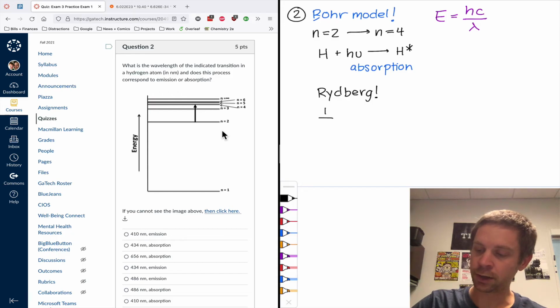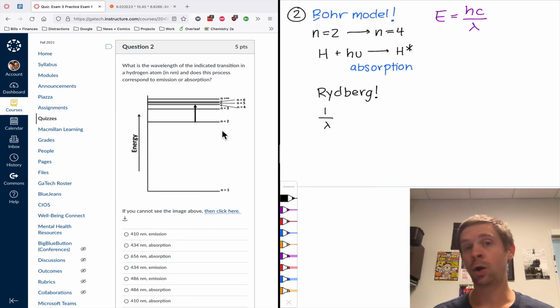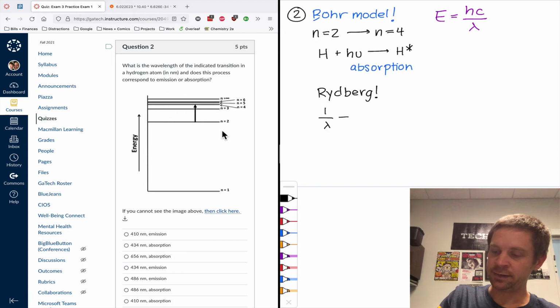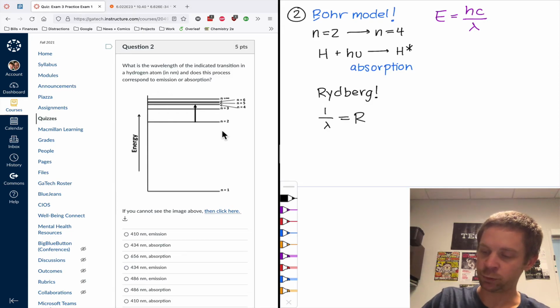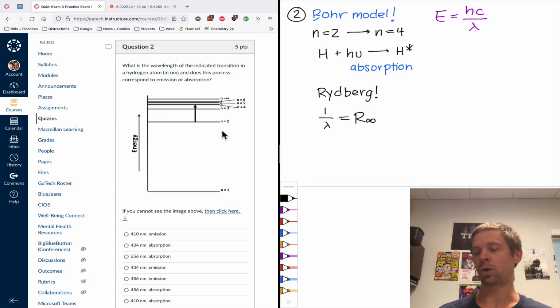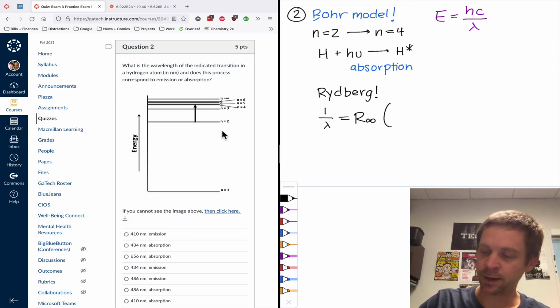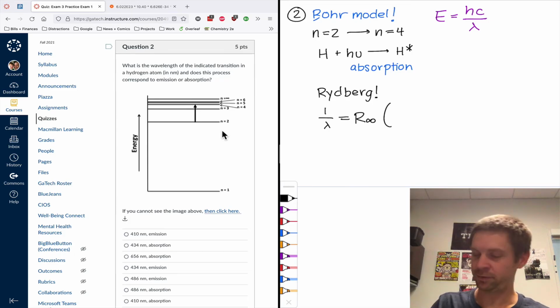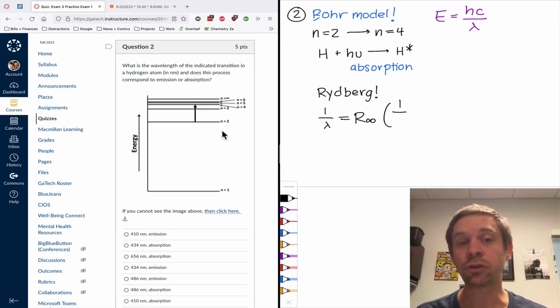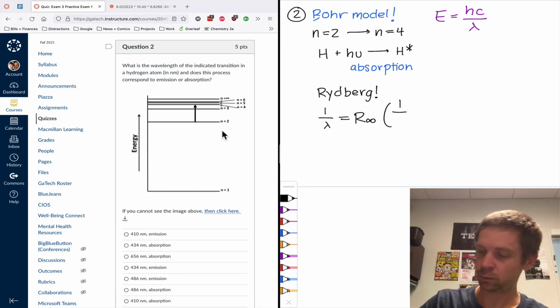So the Rydberg equation says, for example, that 1 over lambda is equal to a constant, which we call the Rydberg constant, or R infinity, times, now for an absorptive transition, this is going to be 1 over the initial value squared, 1 over 2 squared, minus 1 over 4 squared.